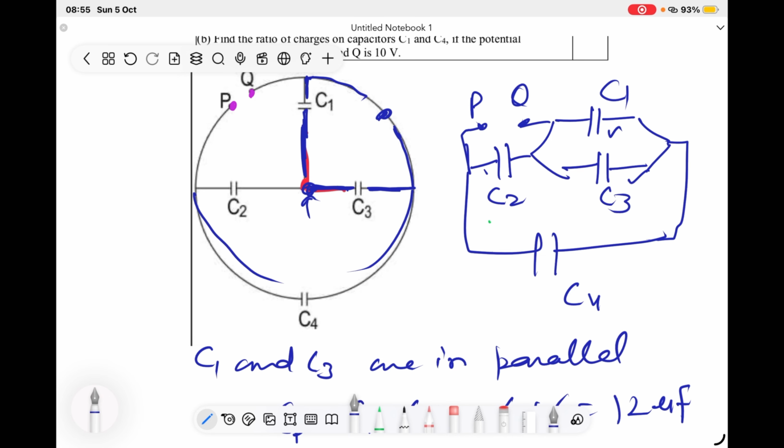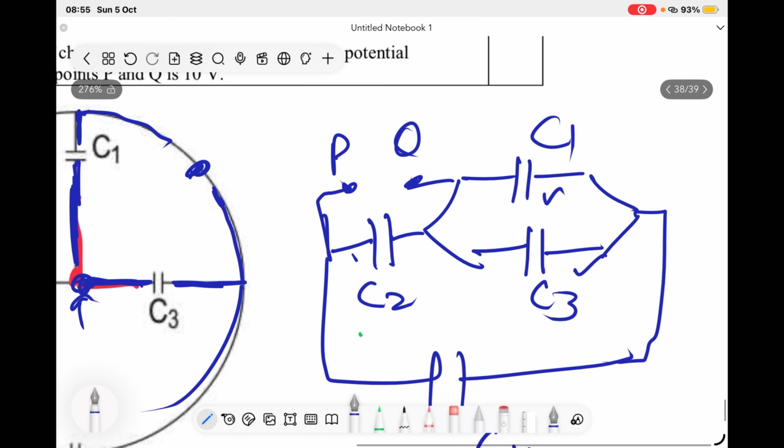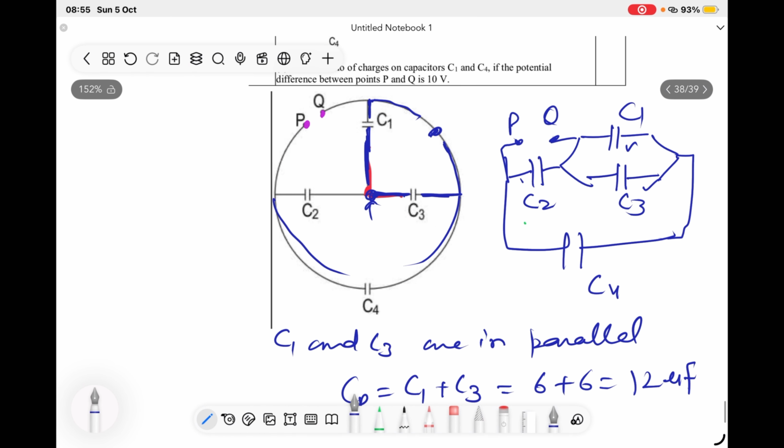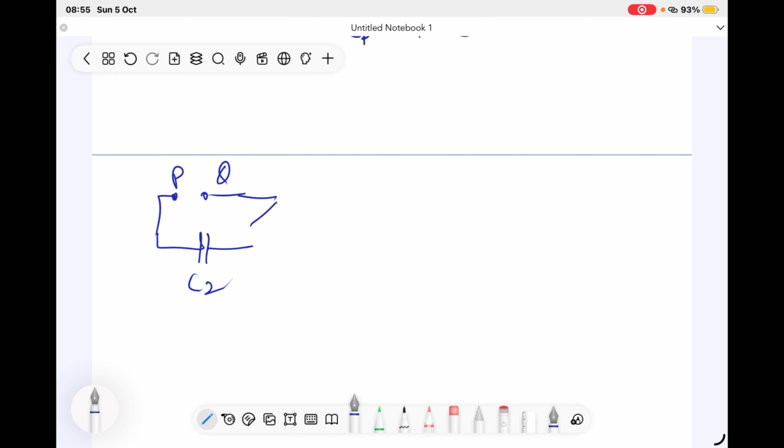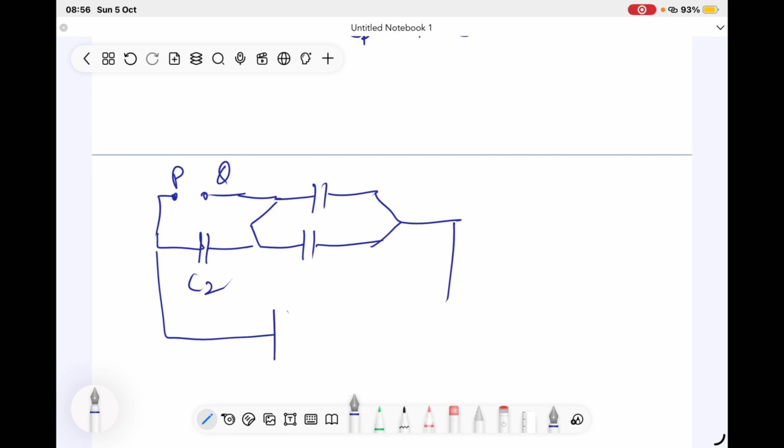So you can remove these both and you can make Cp. So in place of them, see what was the diagram right now? It was P and Q, then it was C2, then C3 and C1 were connected in parallel, and then it was C4.